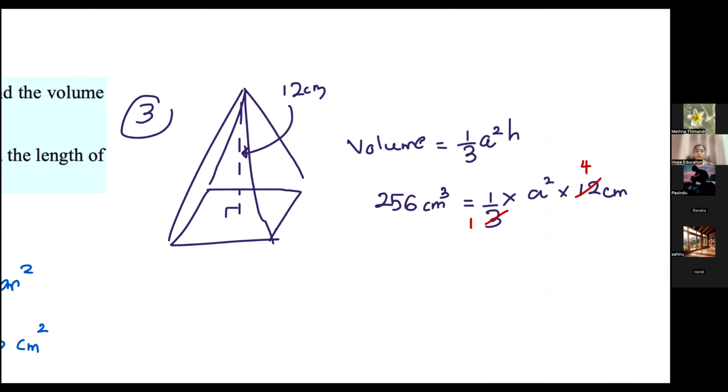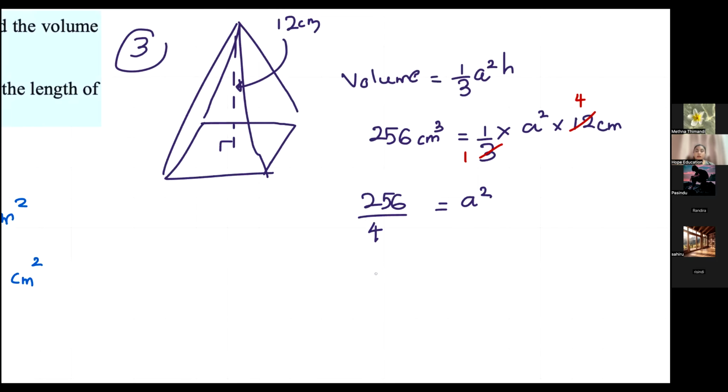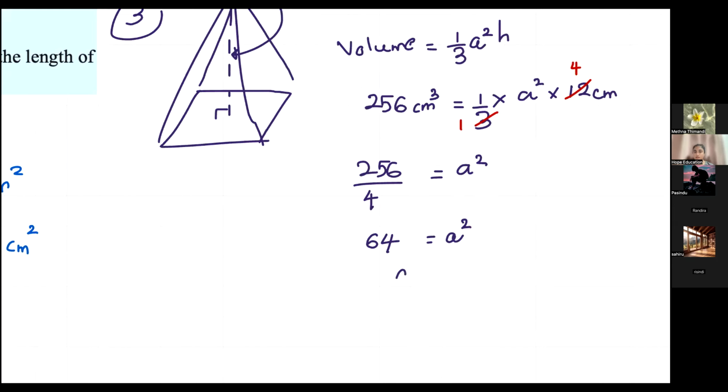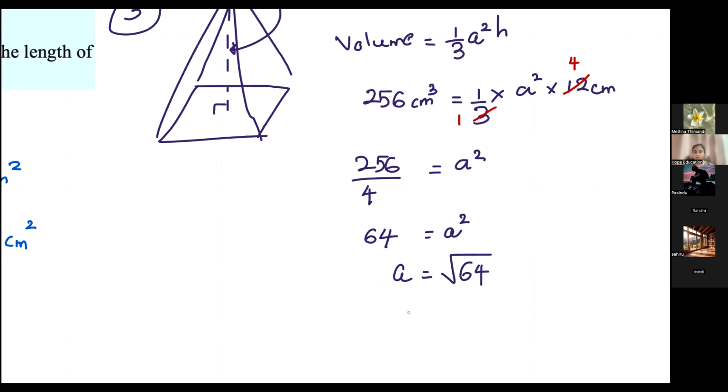Now, when I bring this 4 to this side, 256 divided by 4, on this side I have a squared. 4 times 6 is 24, 1 remaining, 16 is 4 times 4, 16. So a squared is 64. If a squared is 64, a is the square root of 64. Therefore, a should be 8 centimeters. Is this clear, Lamai?